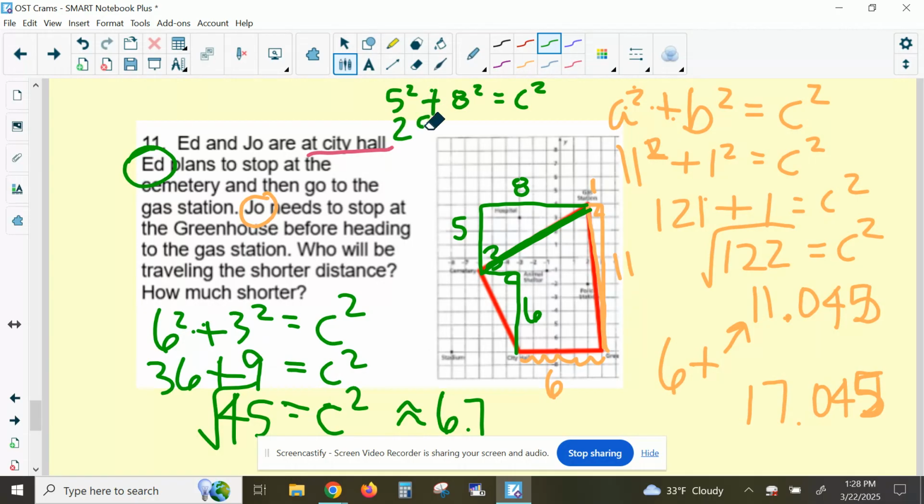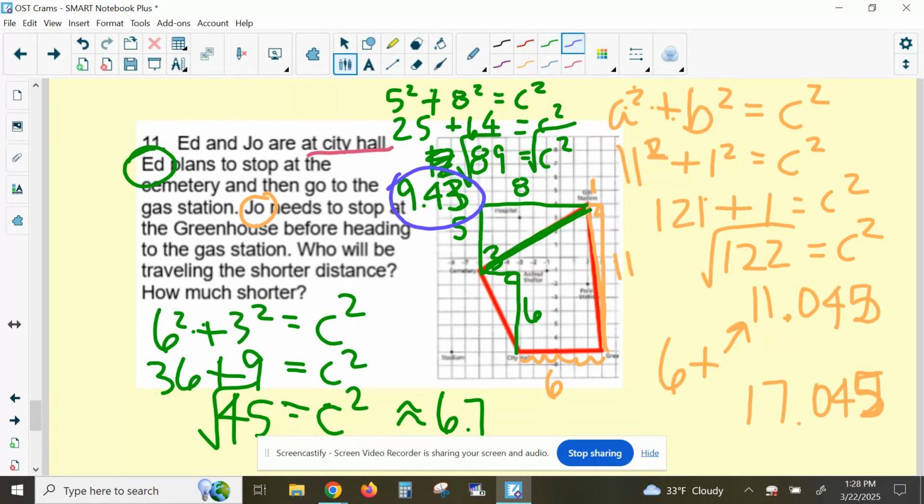So that's 25 plus 64 equals c squared. So that's 122. Nope, I was looking at my other thing, the other one I just did. 89 equals c squared. Take the square root. Square root of 89 is about 9.43.